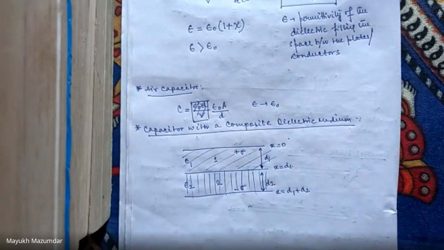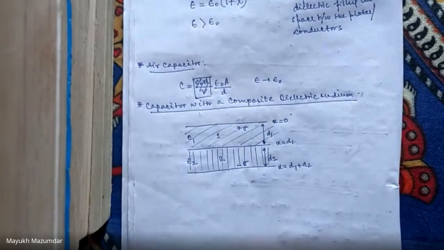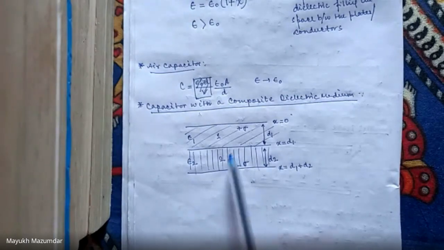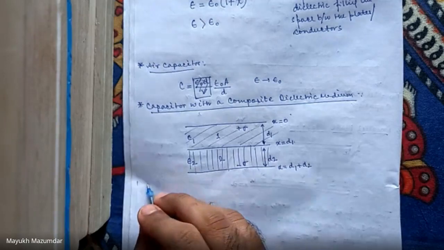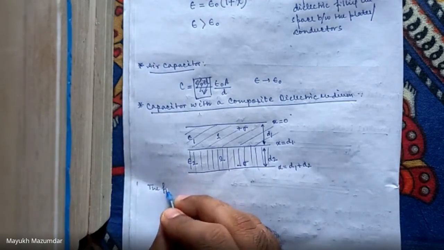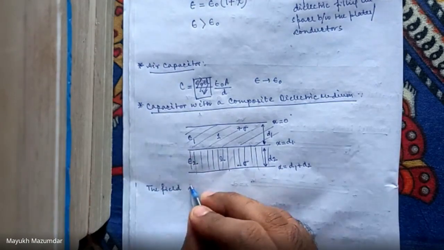Okay, so now you can see there's a partition kind of thing, isn't it? There are two different blocks of dielectric media. So what about the field intensity?